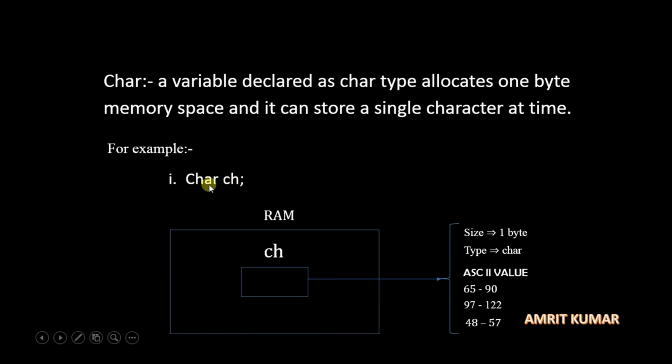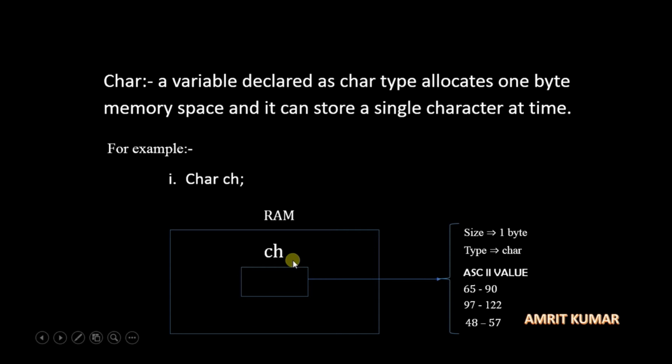If we write this code in C language, then the meaning is that in the space of RAM, which we have represented here, the variable ch is allocating 1 byte of memory space.